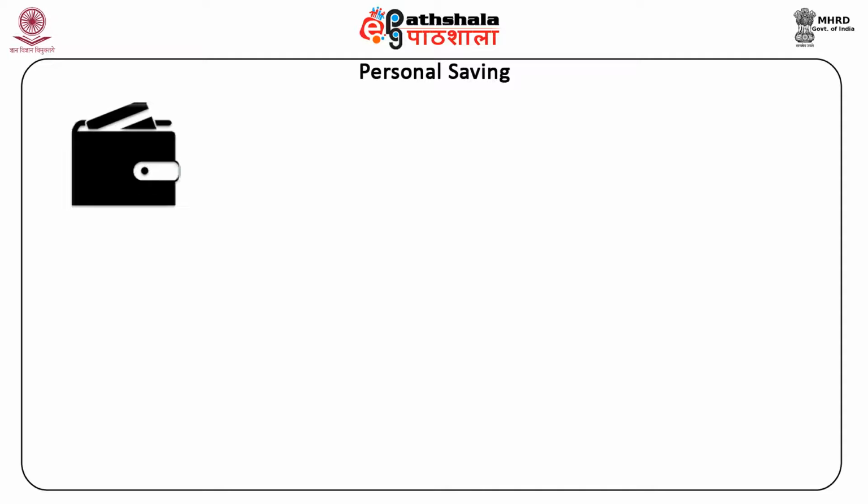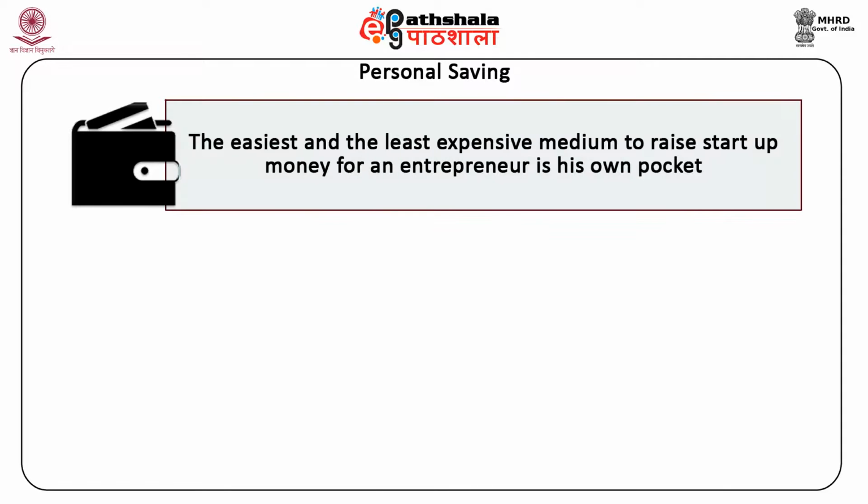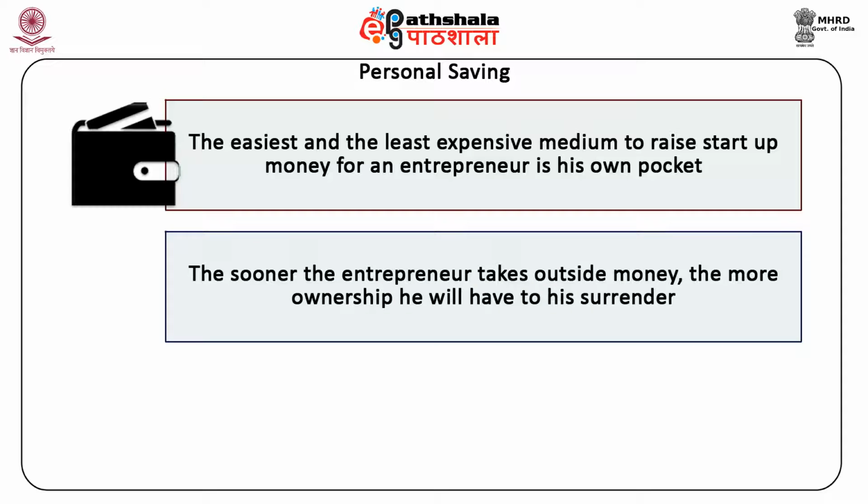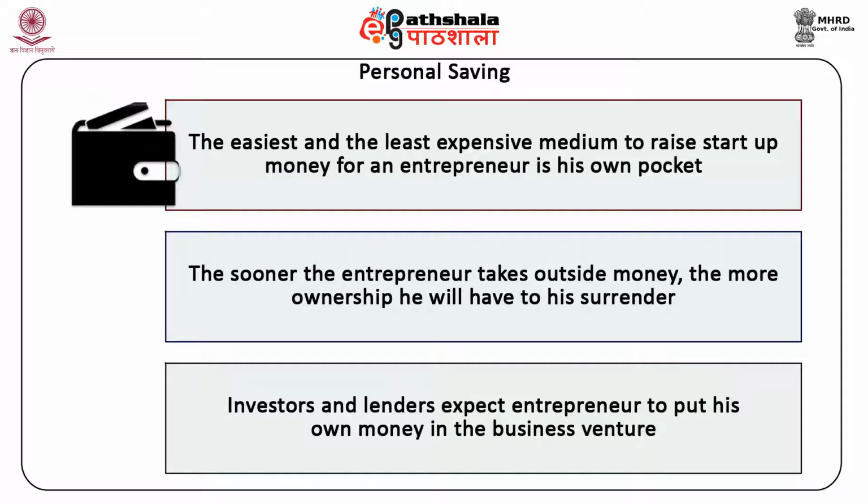First is personal saving. The easiest and the least expensive medium to raise startup money for an entrepreneur is his own pocket. The sooner the entrepreneur takes outside money, the more ownership he will have to surrender. Moreover, investors and lenders expect the entrepreneur to put his own money in the business venture.